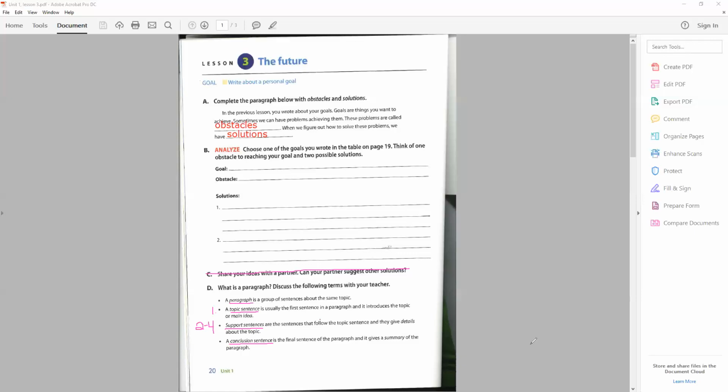So sentence number 2, 3, and 4 are support sentences, and then sentence number 5 is a conclusion sentence. So a paragraph should be at least 5 sentences. At least, por lo menos.